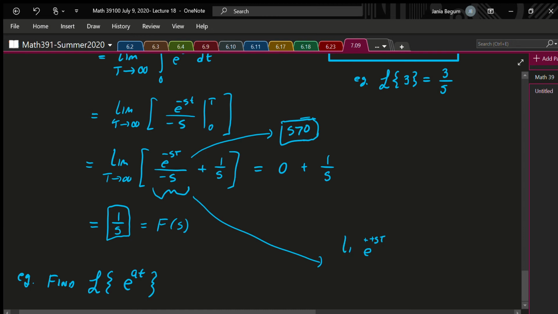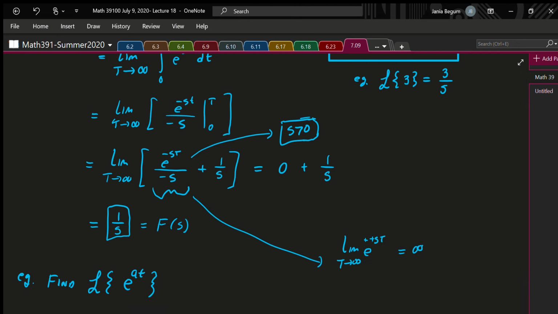And then as you take the limit as t goes to infinity, all of this will just go to infinity. So we wouldn't have what we want, which is 1 over s. That's why we must restrict s to be positive. As long as s is bigger than 0, this limit is guaranteed to go to 0, so we have 1 over s as the Laplace transform. So we need that restriction.